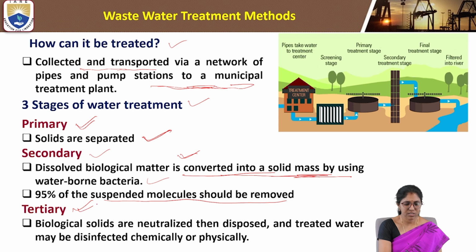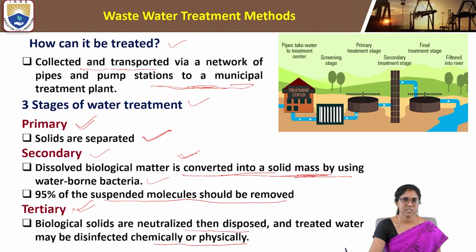Tertiary treatment is where biological solids are neutralized and then disposed, and the treated water may be disinfected chemically or physically. So to summarize, in the primary process, solids are separated. In the secondary process, dissolved biological matter is removed by using waterborne bacteria, and 95% of suspended molecules are removed.